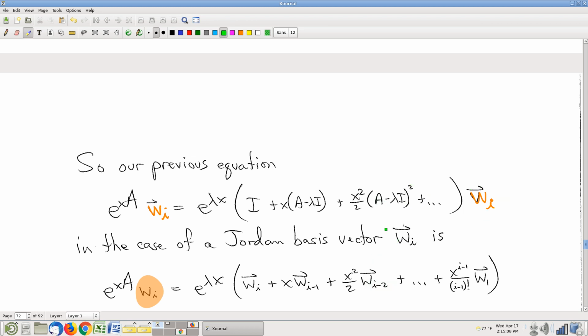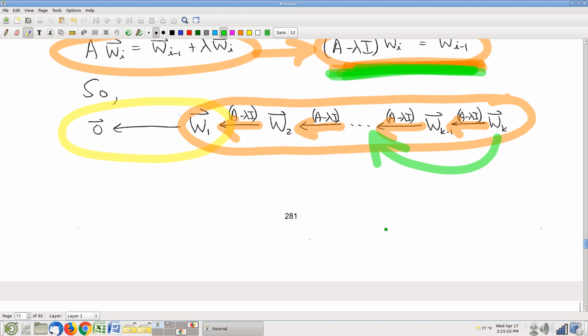This just keeps right on going until, of course, eventually, there's the first one that you do, and then the second one goes to 2 previous, and then the third one goes to 3 previous and 4 previous, etc. Eventually, you get back to W1. That's the eigenvector, right? What about the term after that?